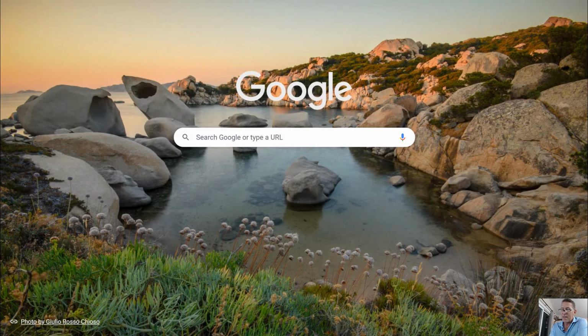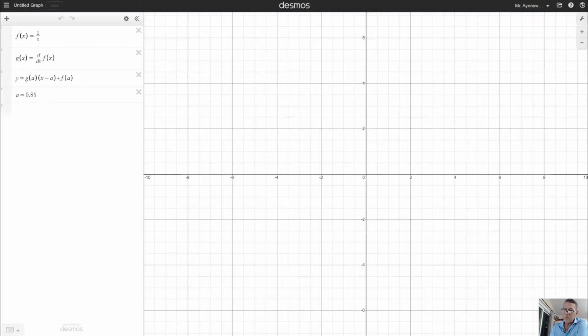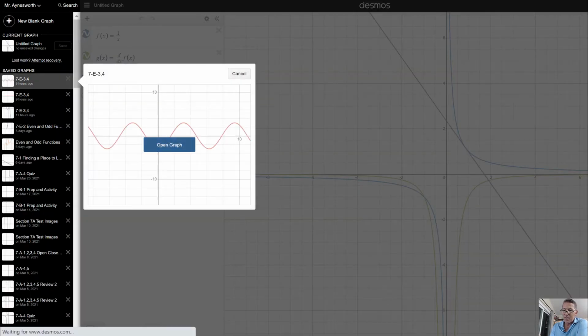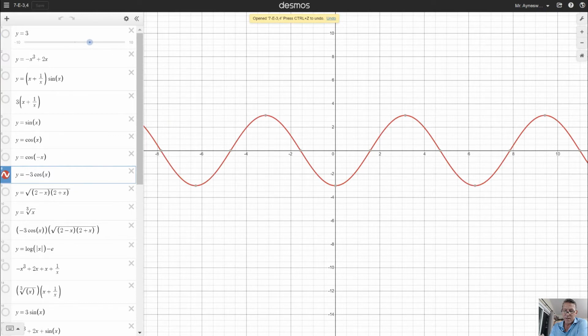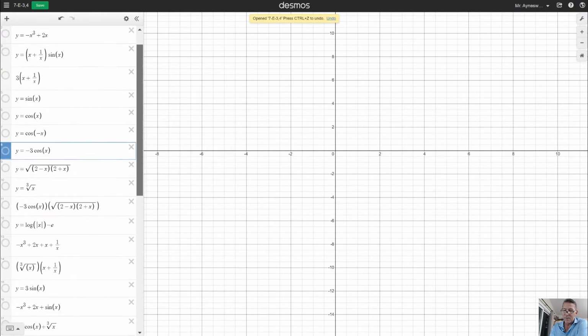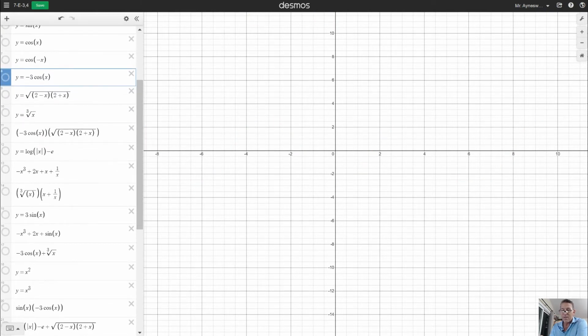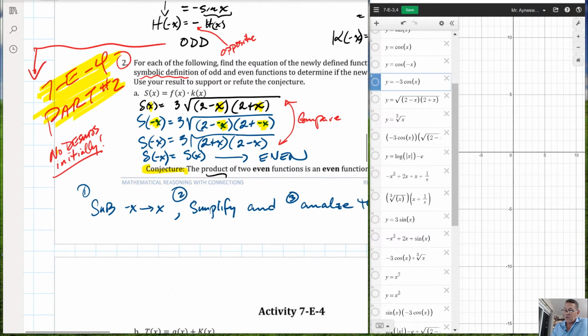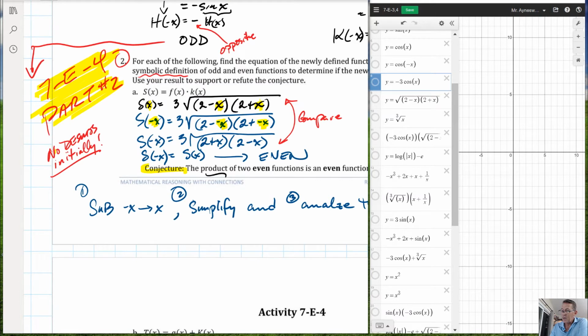So let me bring up what we did last time. Since we saved our work in Desmos, you just have to pull it up. Here are all the functions that we worked on. And that's what's cool about saving your work in Desmos and having an account, because you get to use it. Okay, here's my second function.